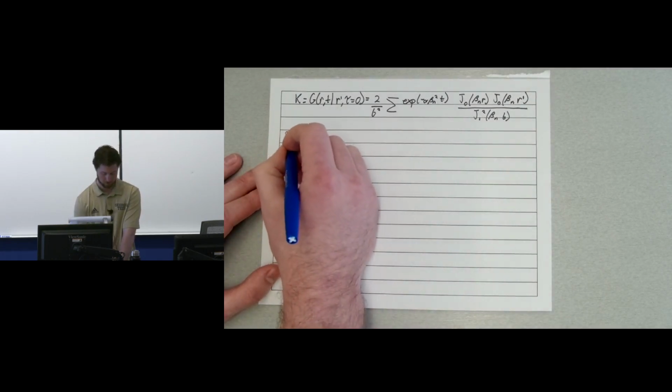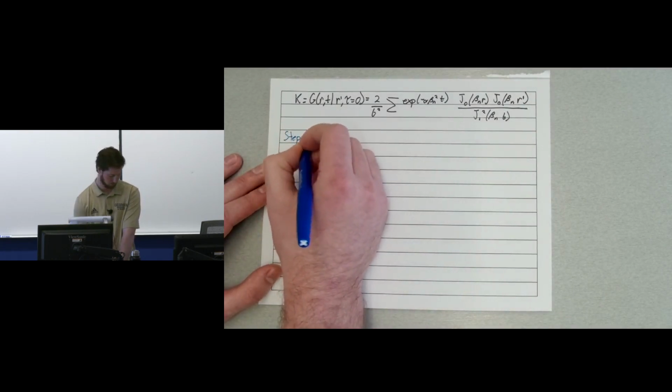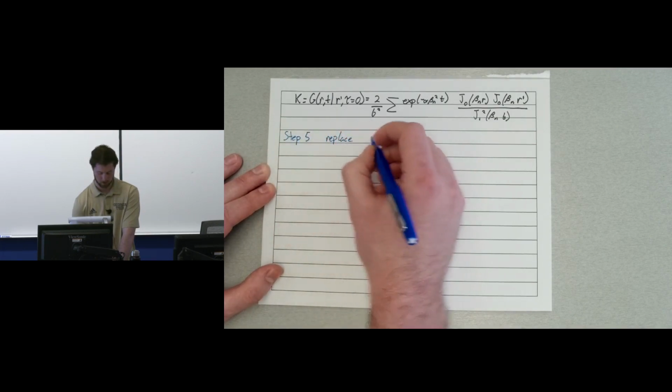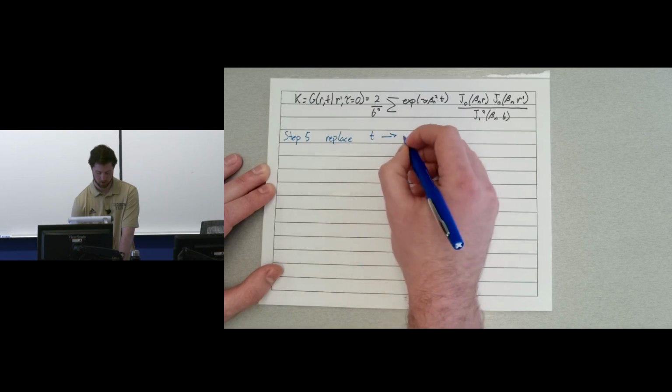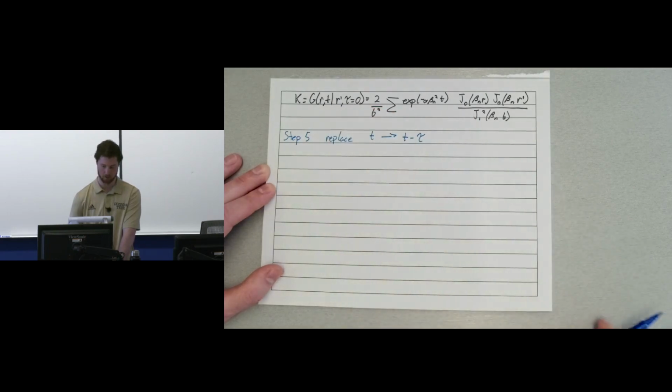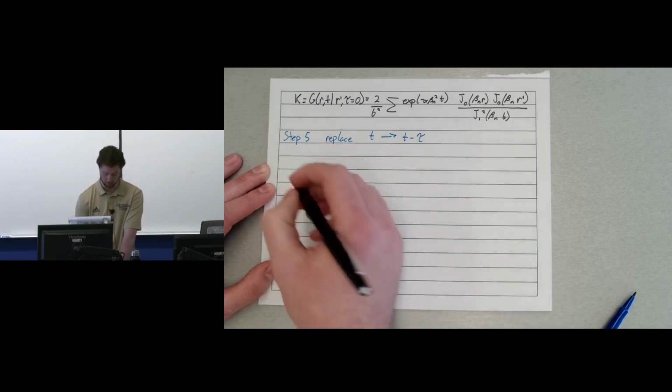All right. And then our step 5 is going to be just replacing t with t minus tau, so we can get our Green's function not at tau equals 0.